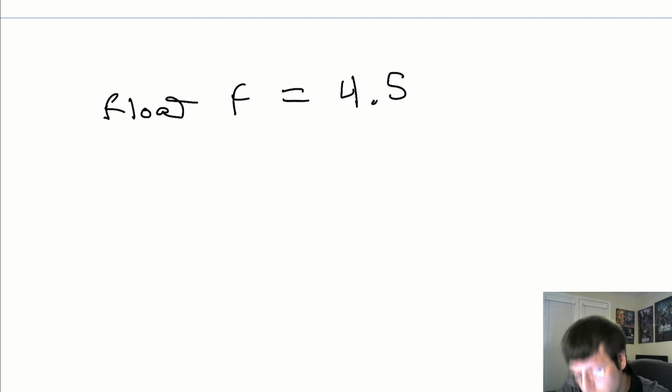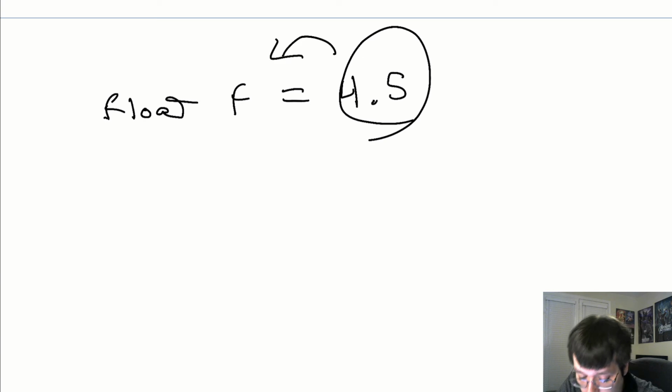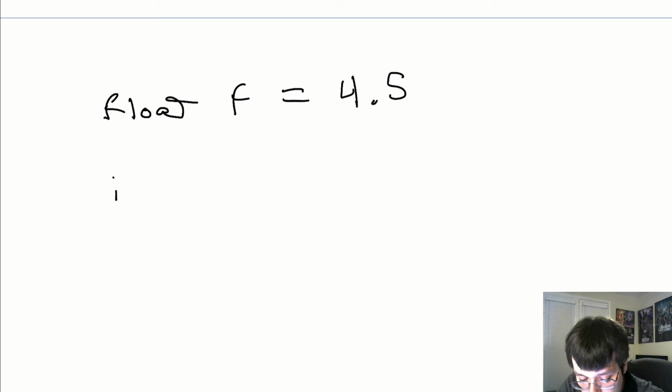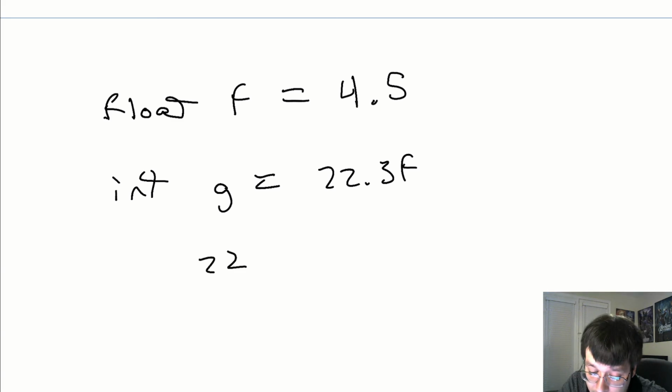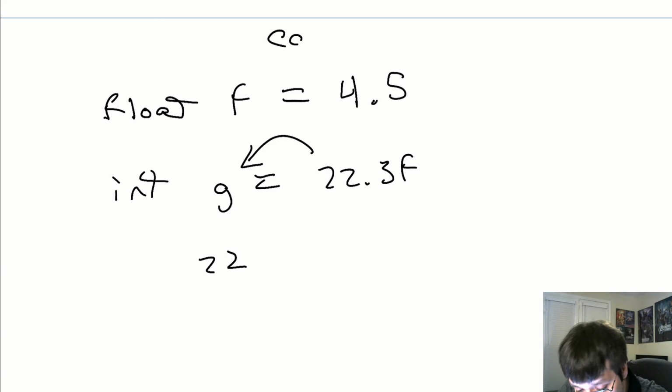Well, actually, if you use the 4.5, this is technically coercion, right? Because this is a double and it gets coerced into that. Similarly, if I say int g gets 22.3f, this is a float. g only gets 22 out of that because it gets coerced, right? That's called coercion. You learned that concept in 135.